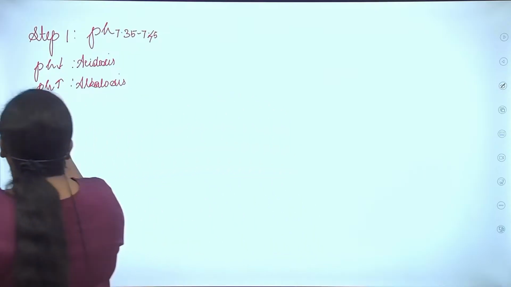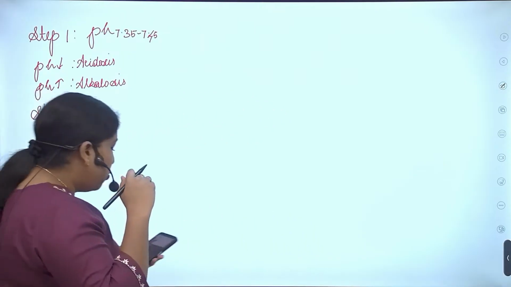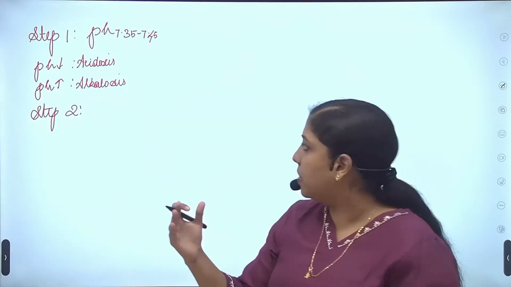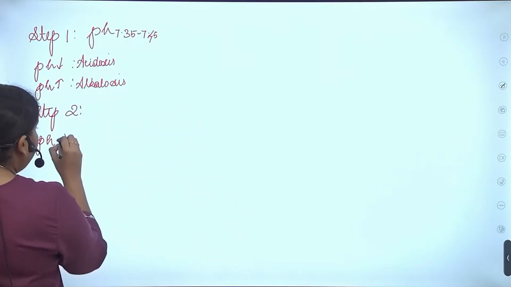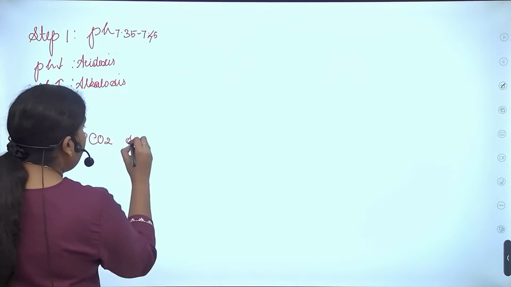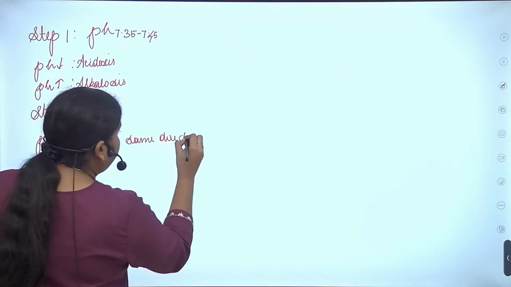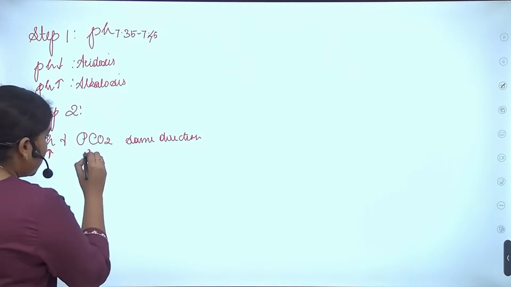And step 2. Step 2, either you can use the ROME, or I have a similar principle. I will show you. When the pH and your PCO2 go in the same direction, which means if the pH is increasing, PCO2 is also increasing.